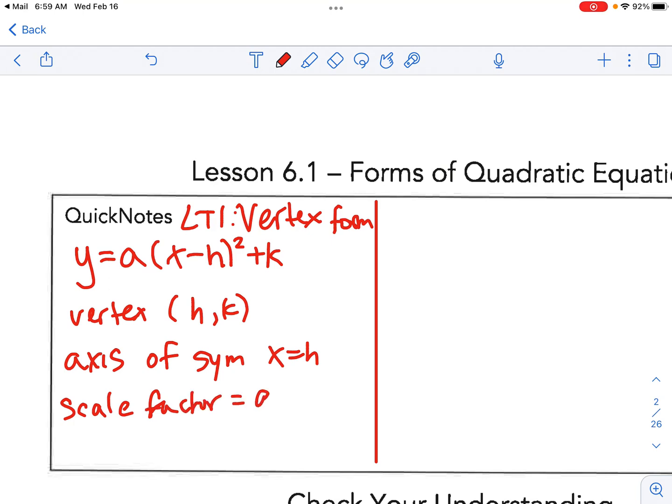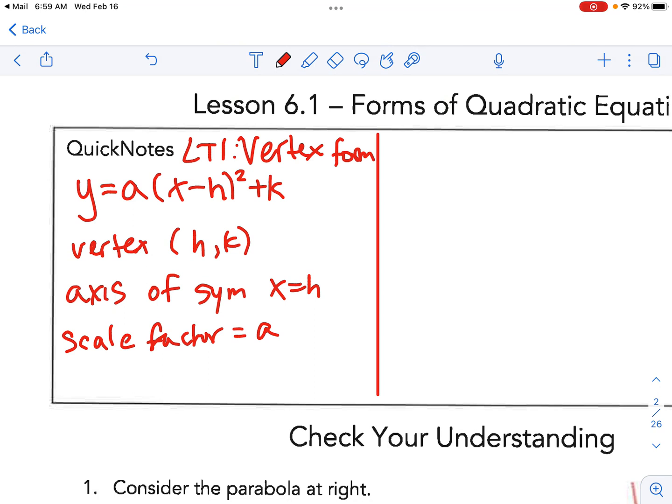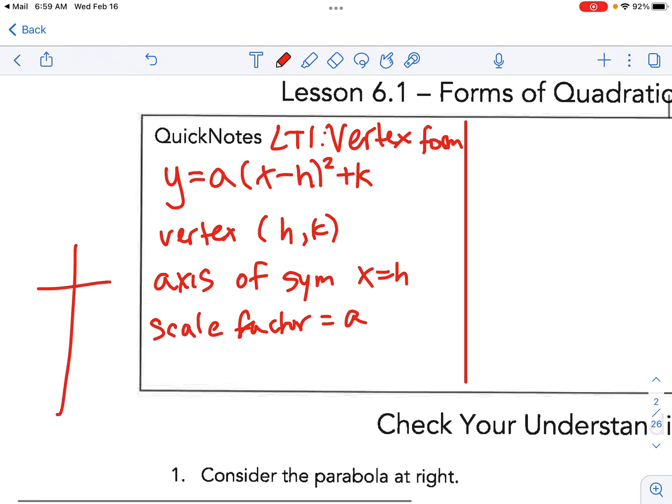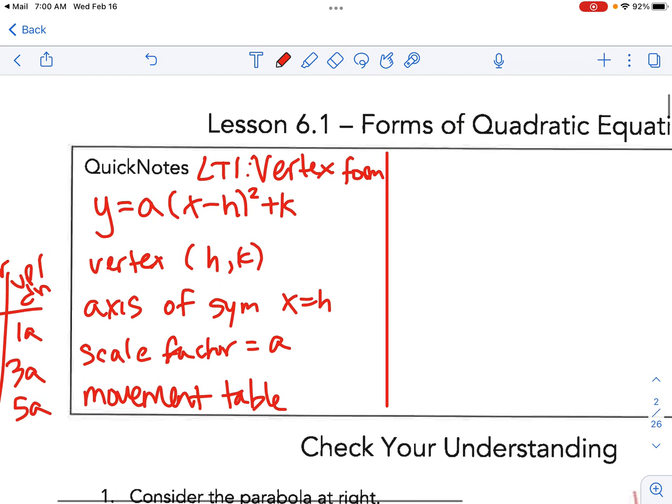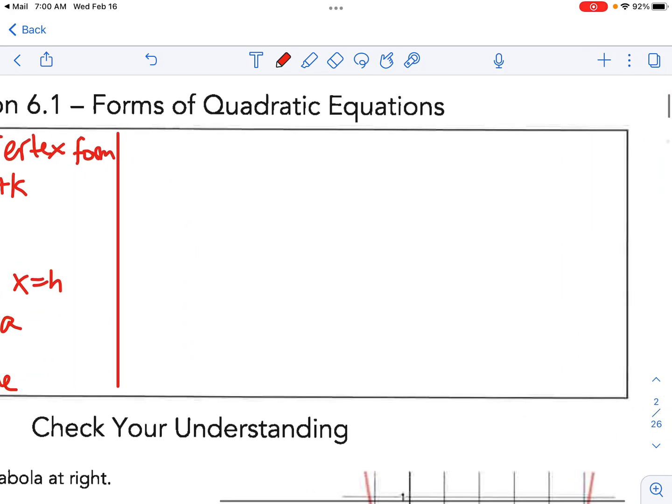Your scale factor is a, and then we use that movement table of over and either up or down, depending upon whether a is negative, basically. Over 1, up 1a, over 1, up 3a, over 1, up 5a. So we reviewed that. That was from semester 1.